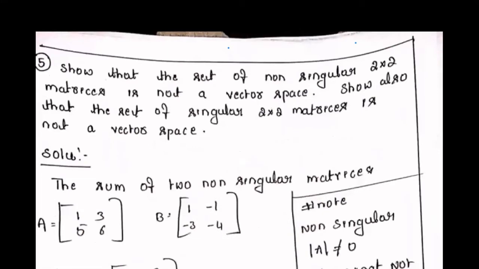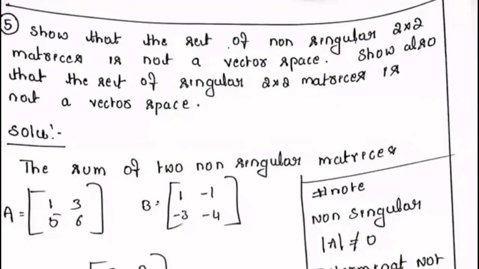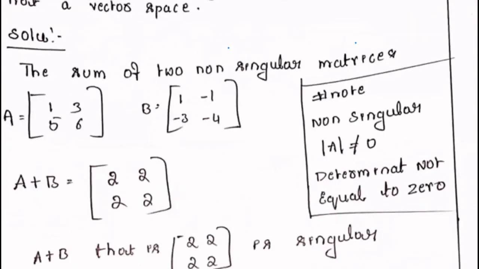Okay, fifth problem. Show that the set of non-singular 2 cross 2 matrices is not a vector space. What is the meaning of singular and non-singular matrices? If the determinant is 0 for that matrix, then it is called a singular matrix.